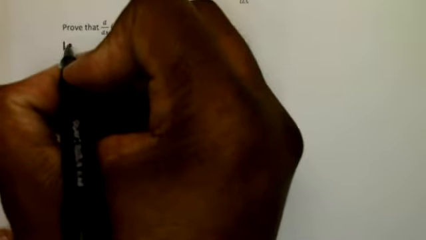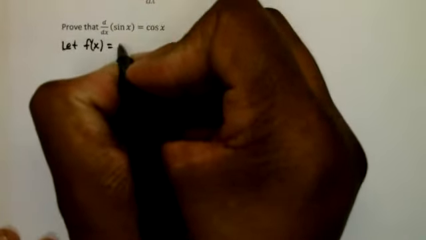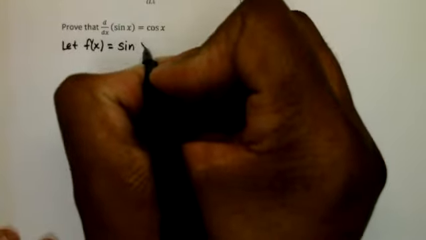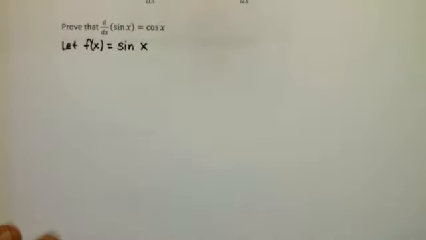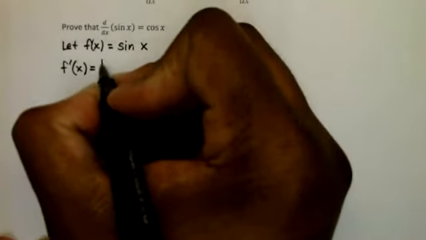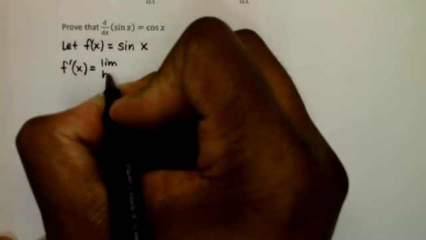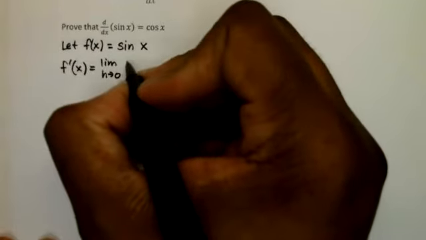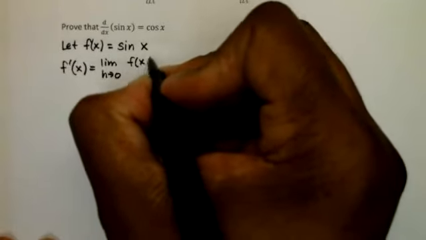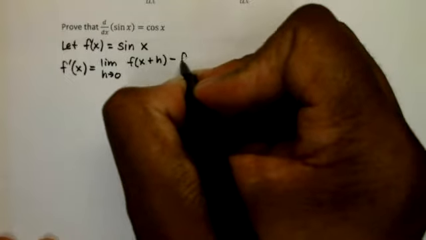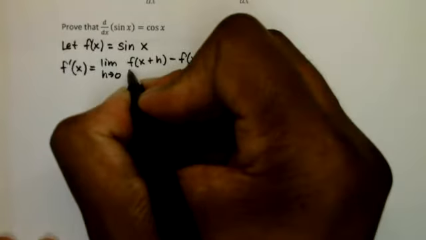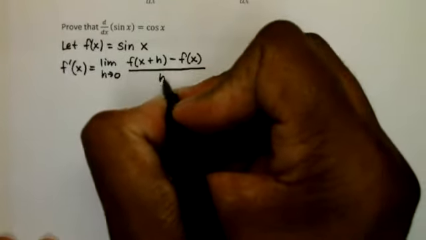Okay. Now here's what I'm going to do. I'm going to let f of x be equal to the sine of x. F of x will be equal to the sine of x. Now I'm going to use that definition formula for a limit. That's this, f prime of x is equal to, and if you recall, the limit as h approaches 0 of f of x plus h minus f of x, all that's divided by h.